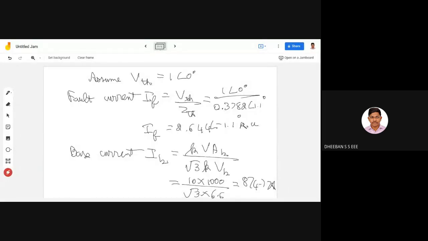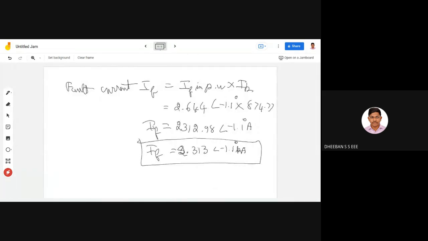Okay, they have considered your KVAB. I will be checking through that, and I'll be telling you with respect to this. And apart from this, if you are substituting this 10 into 1000, you'll be getting the value of around 874.77. So now that is your base current.